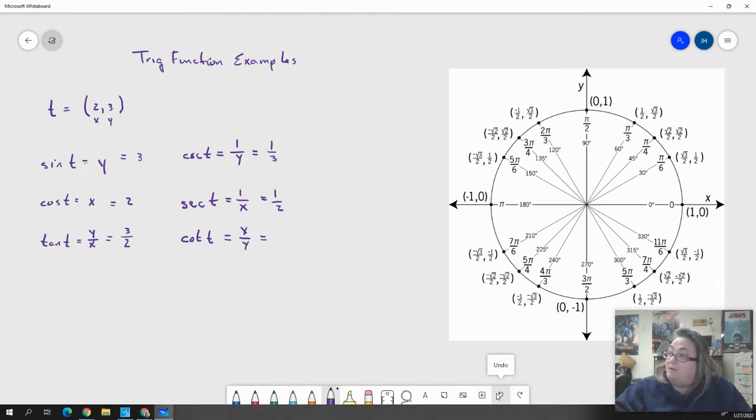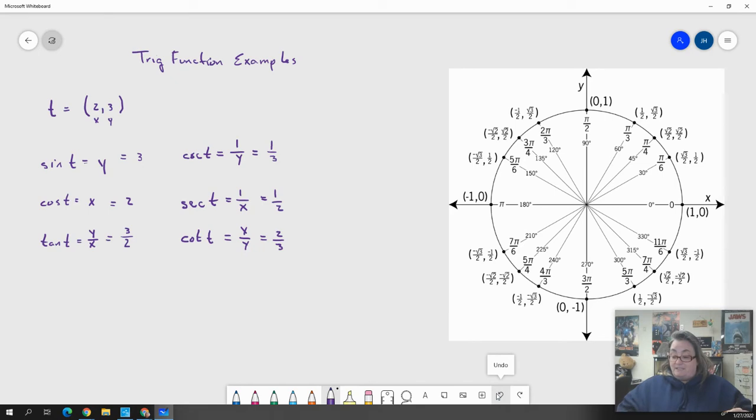And in this case, our x is 2 and our y is 3. And so it solves a lot easier when we're just dealing with numerical values, right? None of these had fractions or square roots or anything like that. All the rest of our examples will, because this is almost too easy the way we did this.